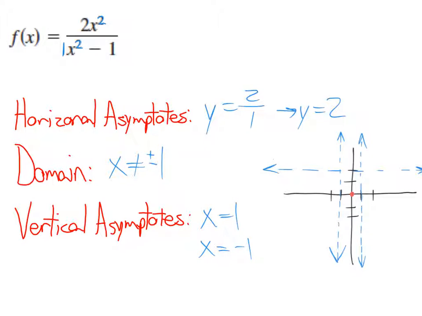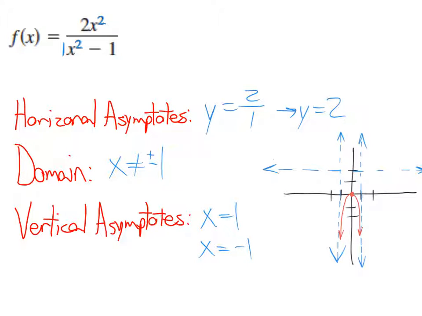So here's where understanding a little bit of how these rational functions work comes in. If I'm down here and I don't have any multiplicity when I found my domain or my asymptotes, this is how this is going to work. This is going to approach both of the vertical asymptotes, and as long as I did not have any multiplicity when I was finding 1 and negative 1, it's going to jump.